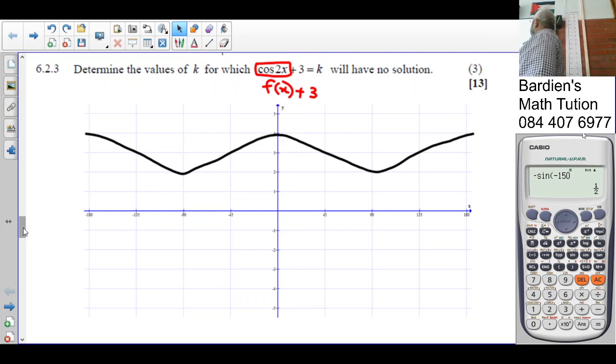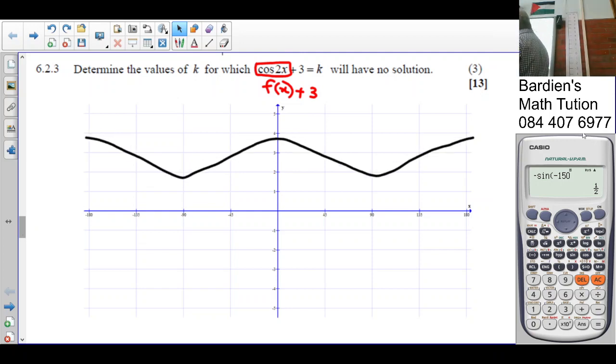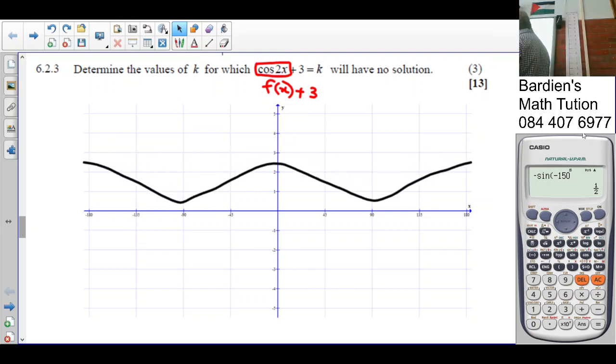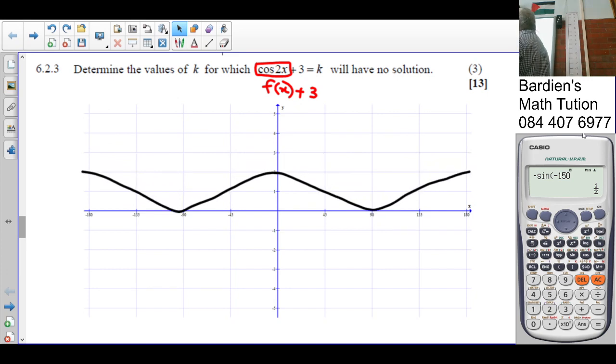So the k value, as we know, is a y value. So for this to have a solution, the graph must be there. At k is equal to 0 there.